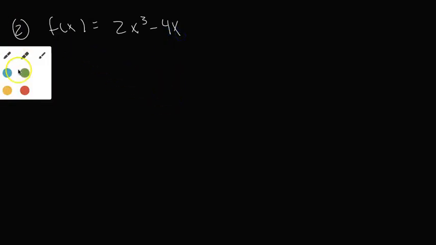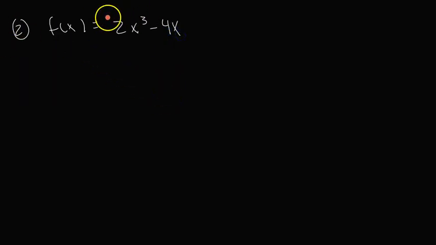Now let's try a different one. Let's say that we have a function f of x equals 2x cubed minus 4x. Like I said before, we are first going to assume what we can identify. In this case, we know that our leading coefficient is 2. Our power of x is 3, meaning that this 3 is odd, so we might have an odd function.